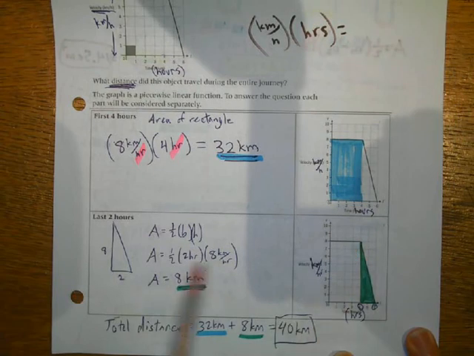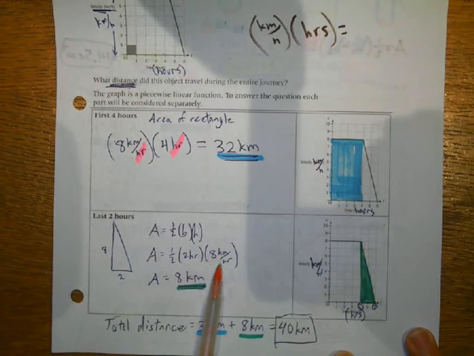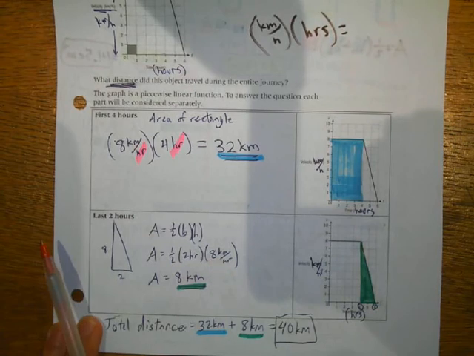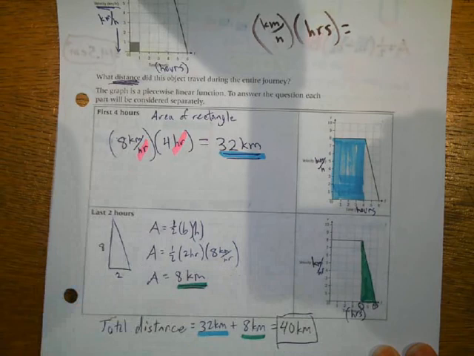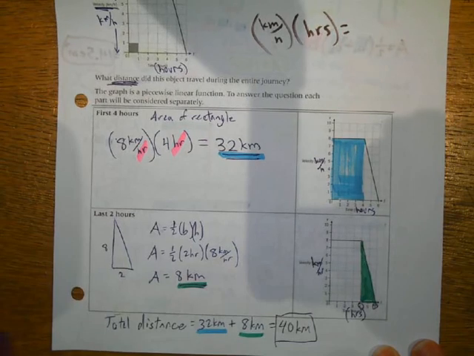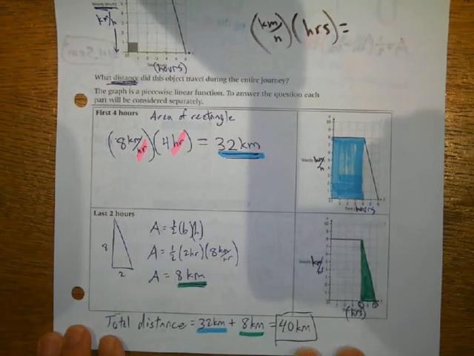So we multiply this times this times this, and we end up with 8 kilometers. Then we add the 32 kilometers and the 8 kilometers together, and we have 40 kilometers for the distance traveled under this diagram.